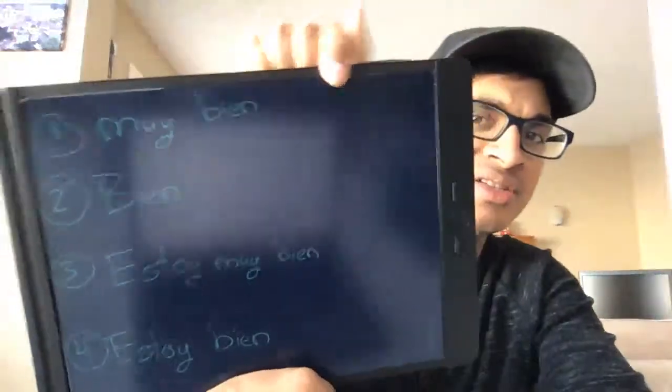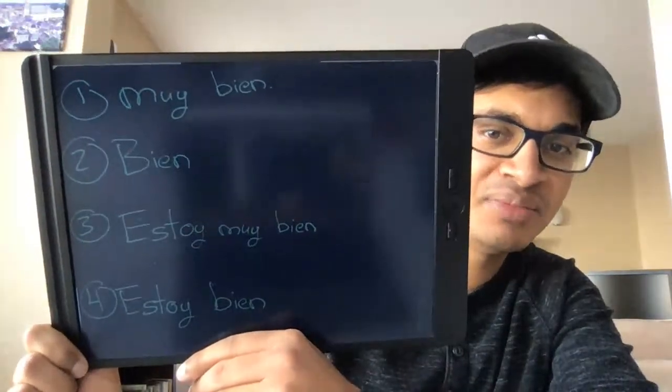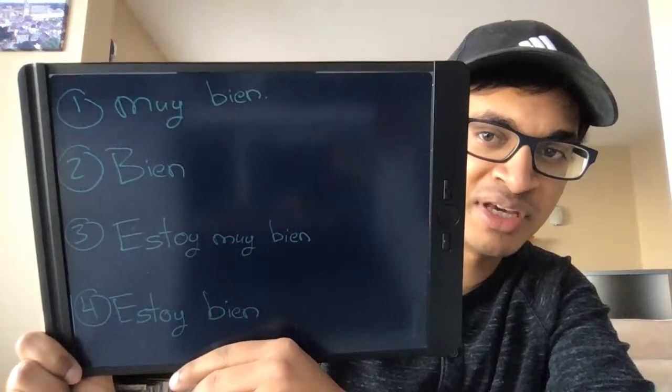You would say, oh, muy bien, or bien, or estoy muy bien, or estoy bien. I want you to practice saying that to yourself. In fact, even pause the video and practice saying muy bien, bien, estoy muy bien, estoy bien.